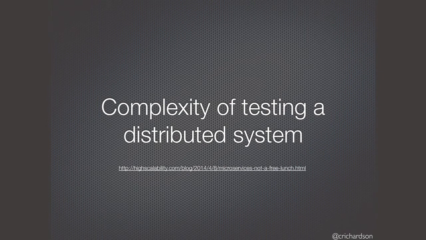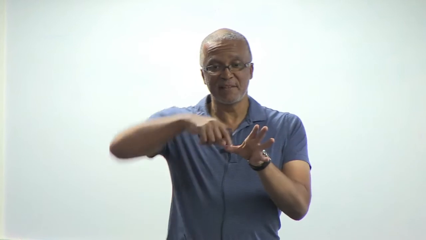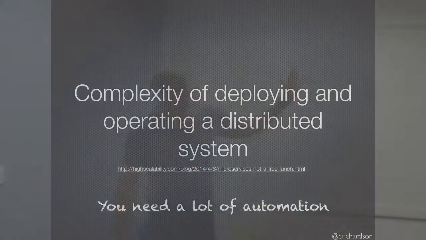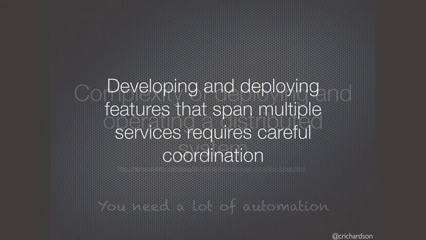Plus, there's the complexity of testing. Before, we could just spin up the app, test it with Selenium, test it with whatever. Now, if we want to test a service, in theory, we might actually have to spin up the transitive dependencies of that service, which is really complicated. We've got all the complexity of deploying and operating a distributed system. You need a lot of automation for that.